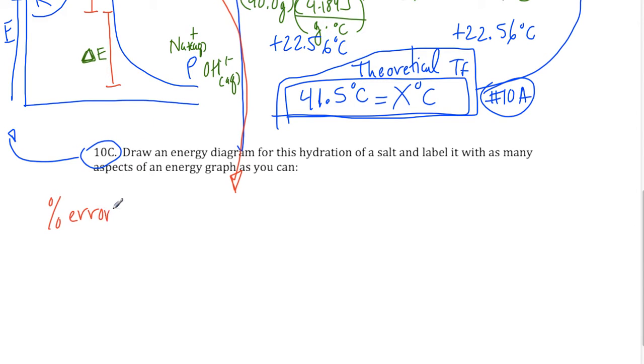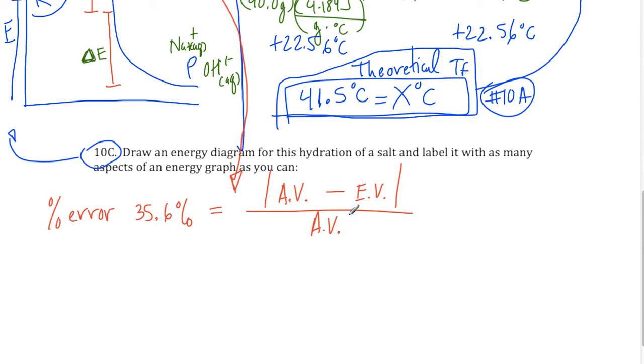Your percent error was 35.6%. That would mean that the absolute value of your accepted value minus your experimental value divided by the accepted value times 100 equals 35.6.